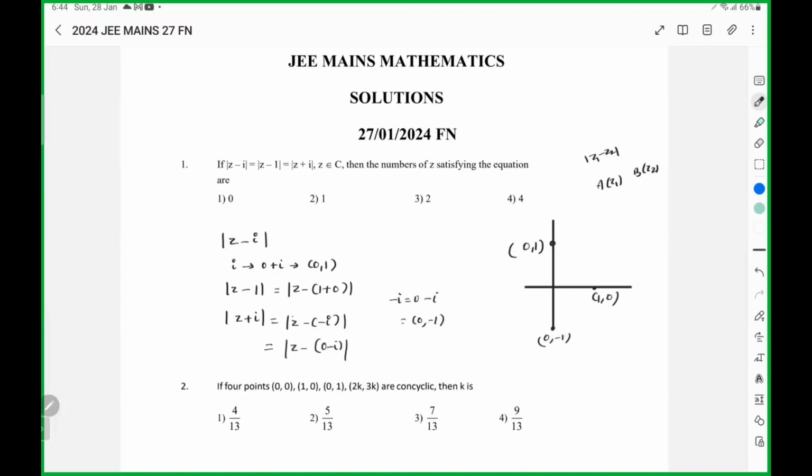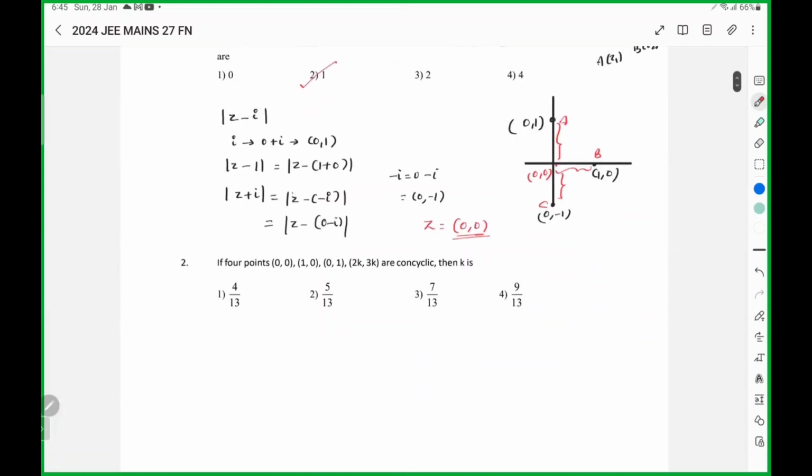It's quite obvious that the point where distances are equal must be (0, 0). From here to here to here, all the distances are equal. So z is only the point (0, 0), which is equidistant from all 3 points. So the number of solutions of z, it is one solution, one point which is equidistant from all 3 points.